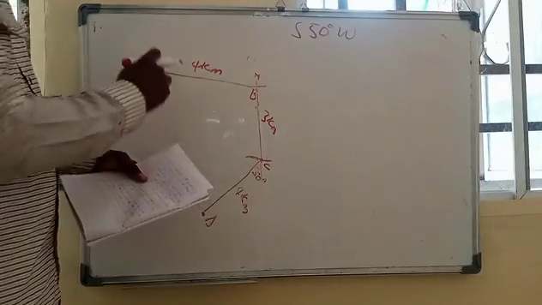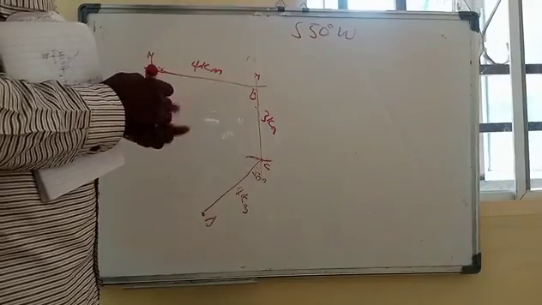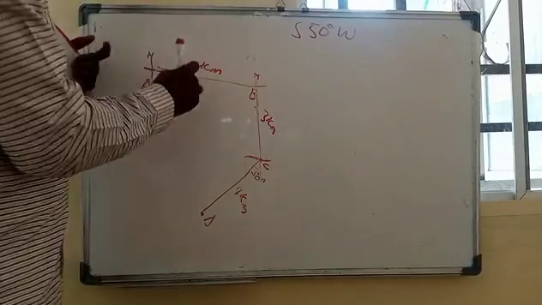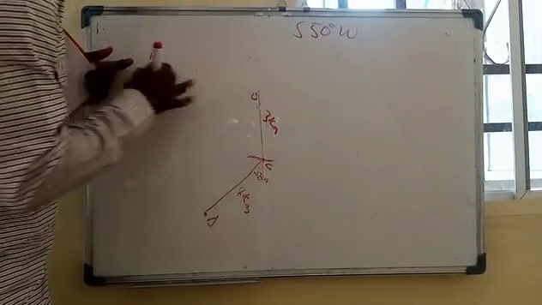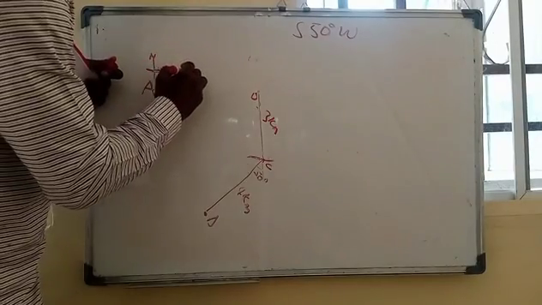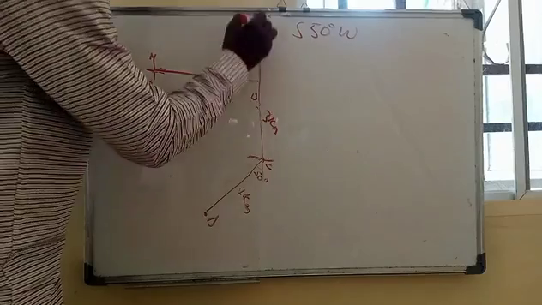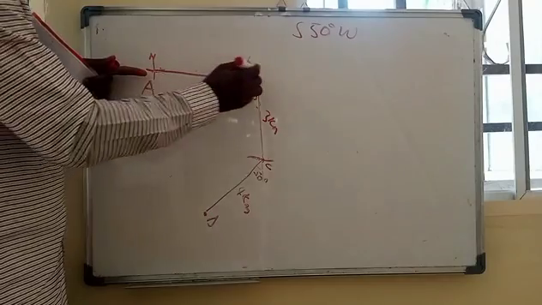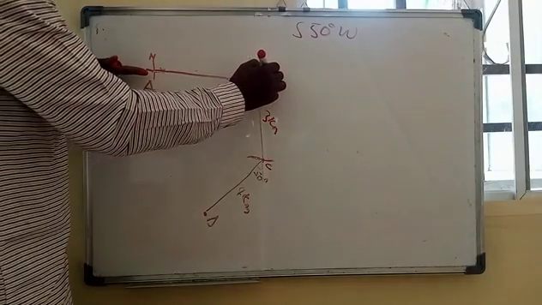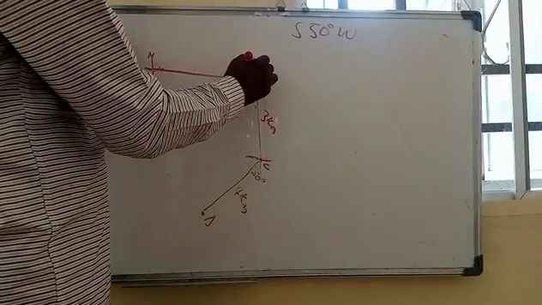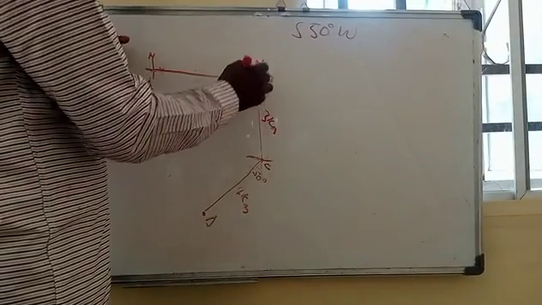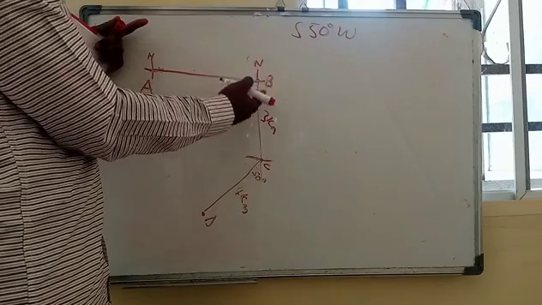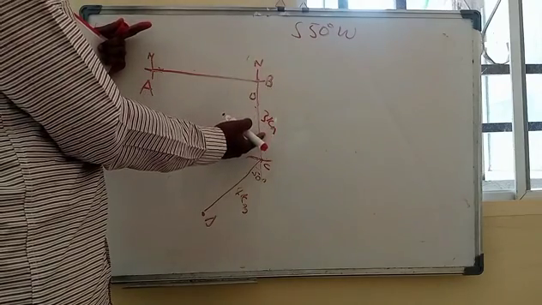So this is the location of all the points. We are able to locate point B with respect to A because B is due east of A. So mind you, this should be a horizontal line because it is along the east of A. So then you get to B. Then from B, you have C located along the south of B by 3 kilometers.